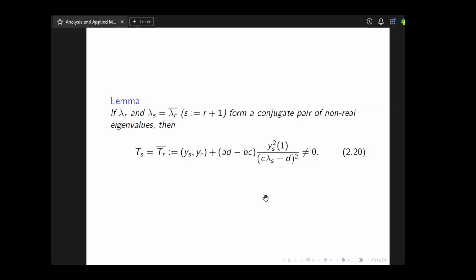So ys and yr are conjugates of each other. So their inner product satisfies this relationship. Again, these symbols ts, tr will be important because they will appear in the denominator and they need to be non-zero, which we prove.